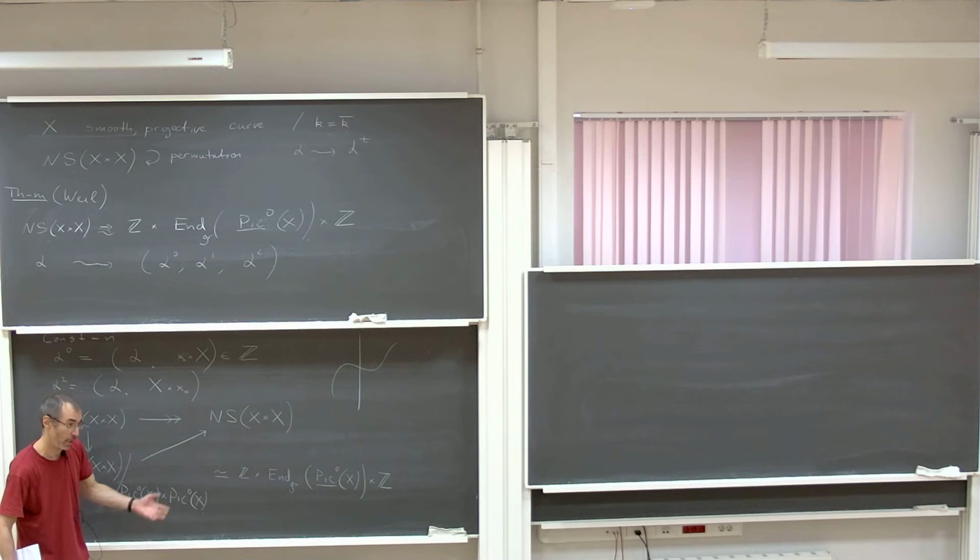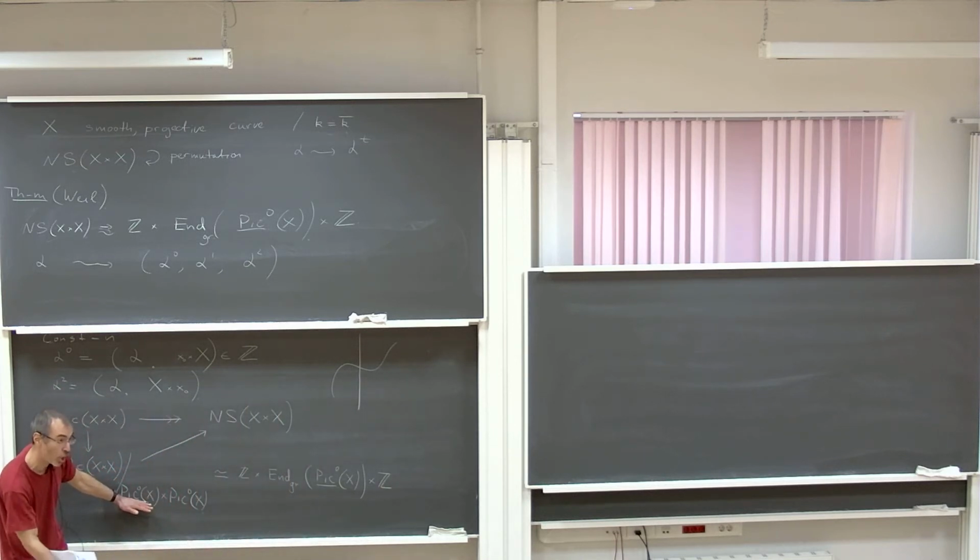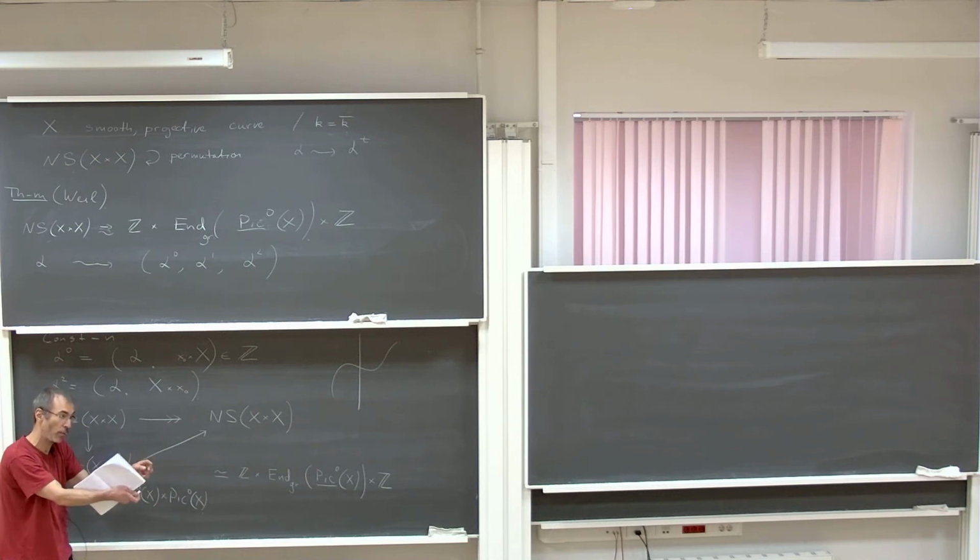Because what is the pullback of a degree 0 line bundle on X? Pic^0 is generated by differences of two points, right?